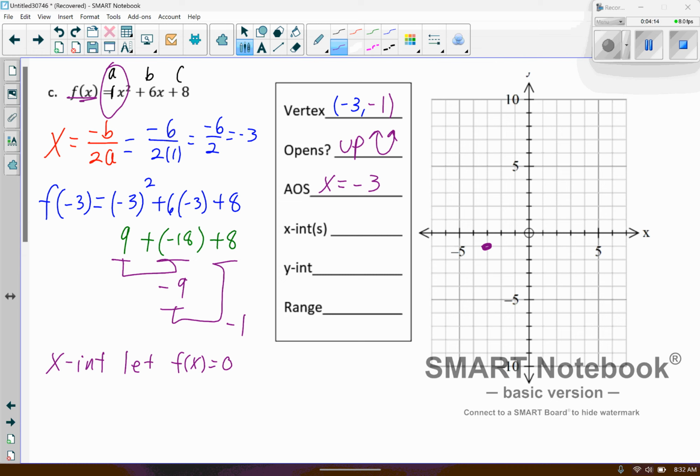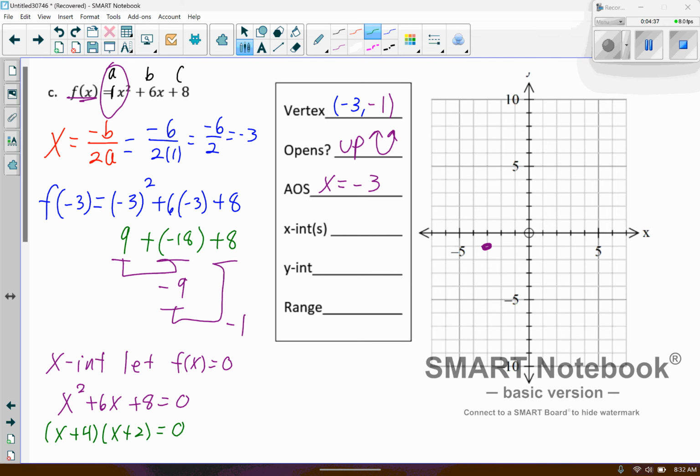So I'm going to have x squared plus 6x plus 8. I'm going to set that equal to 0. And then this would factor into x plus 4, x plus 2, right? 4 times 2 is 8. 4 plus 2 equals 6. So I know those are my two factors.